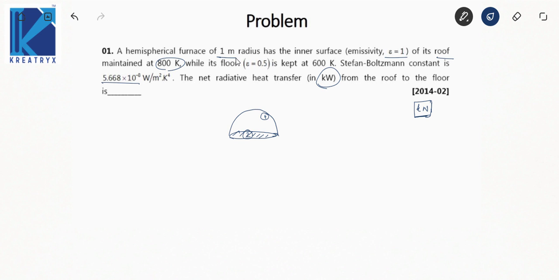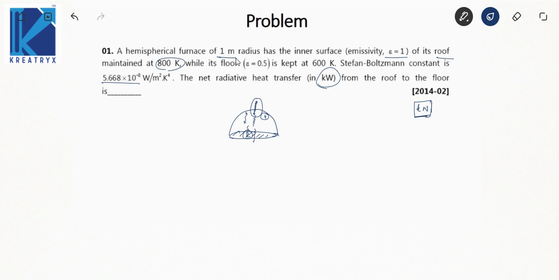What we know is if we can draw the total radiation network of the heat transfer flowing from 1 to 2, then there will be one surface resistance of surface 1, then we will encounter a space resistance, then again a surface resistance of surface 2.